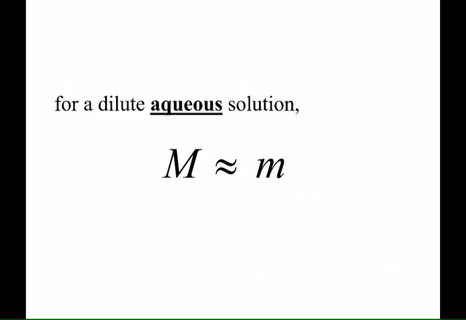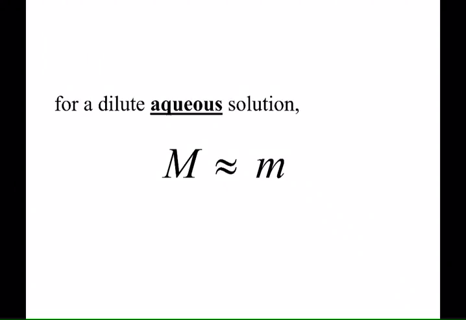So, if the amount of component you have dissolved in water is very dilute, and you can convince yourself why this is, then the volume of the solute isn't significant, and the density of water is 1.00 grams per milliliter.